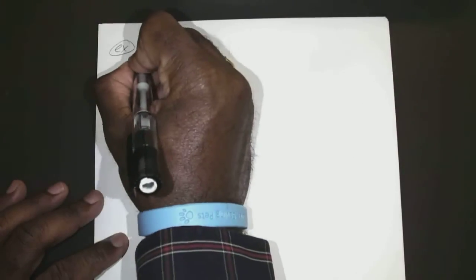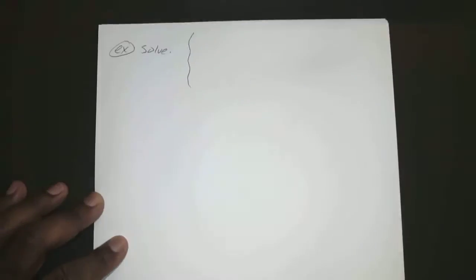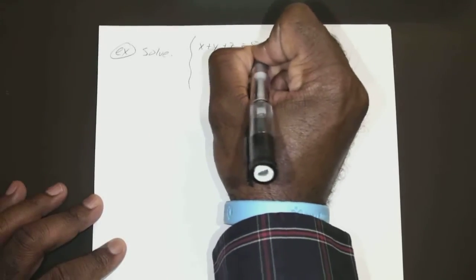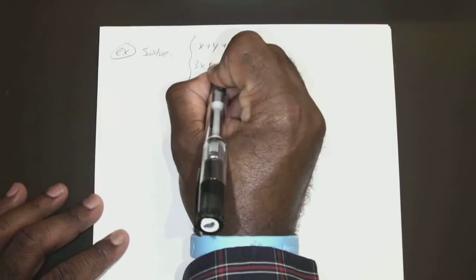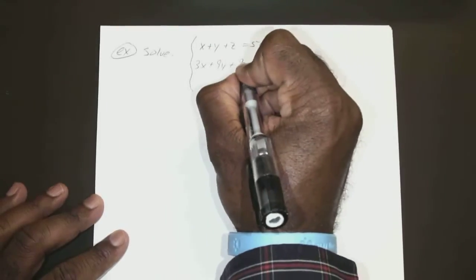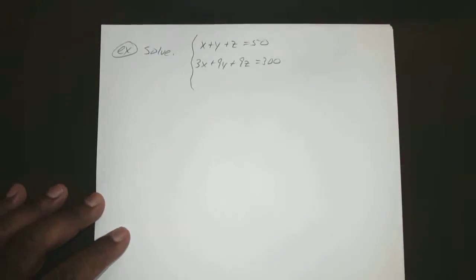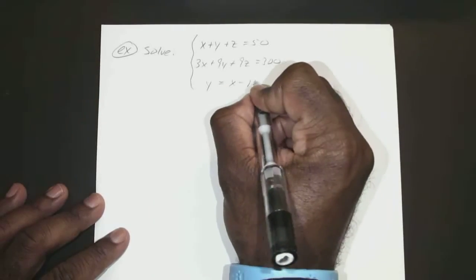Okay, so what if we wanted to solve the system x plus y plus z equals 50, 3x plus 9y plus 9z equals 300, and y equals x minus 15.